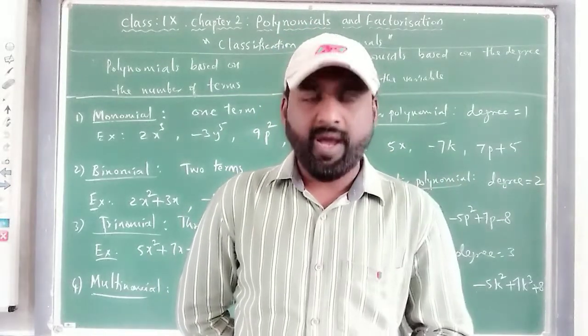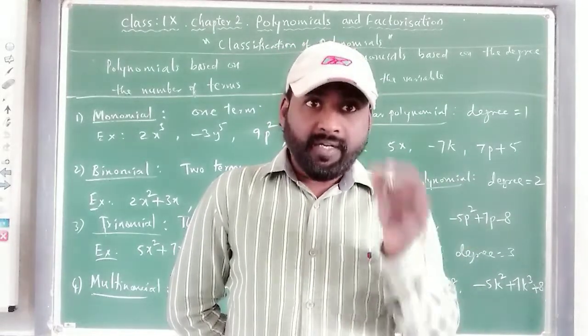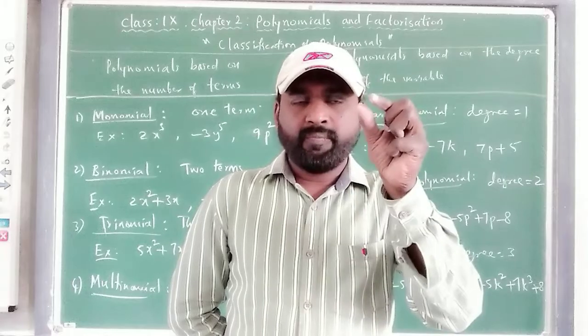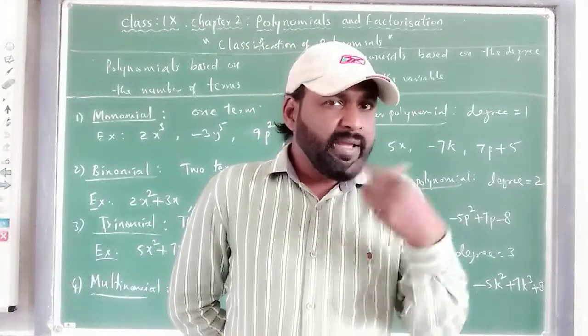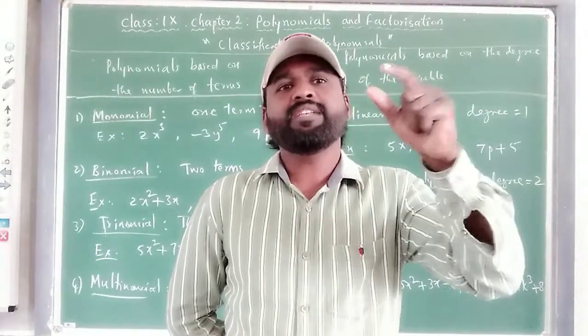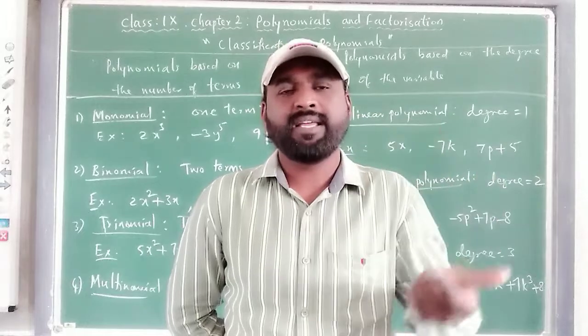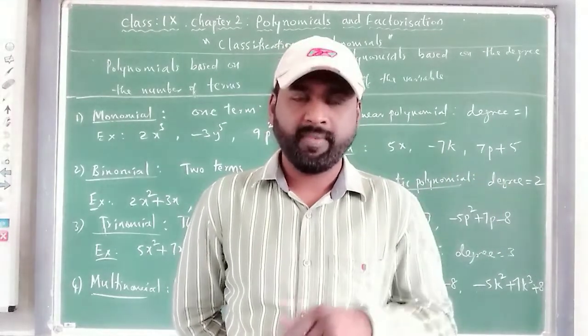2x square or 5x square or 5p square, if I write, the degree of that variable is 2, but the term is only 1. No problem. How many terms there are doesn't matter, but the degree matters to say the polynomial is linear or quadratic or cubic or 4th degree or 5th degree or nth degree.